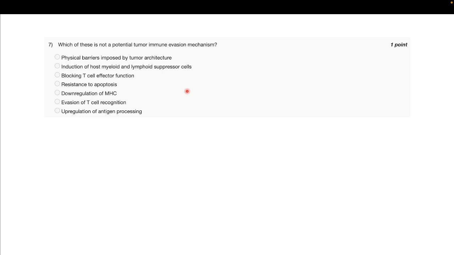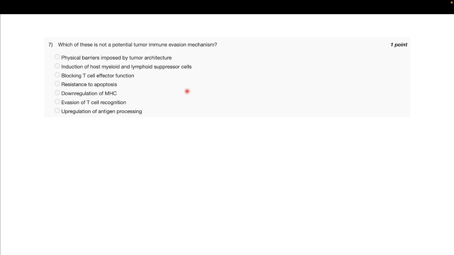So your tumor cells in the body are very smart. They know how to evade the immune mechanism. So yeah, which of these is not one such mechanism? Ma'am, last option. Last is upregulation of antigen processing. Okay, thank you for answering.